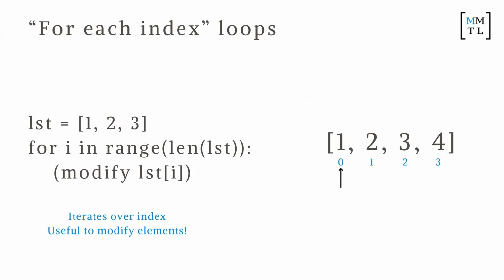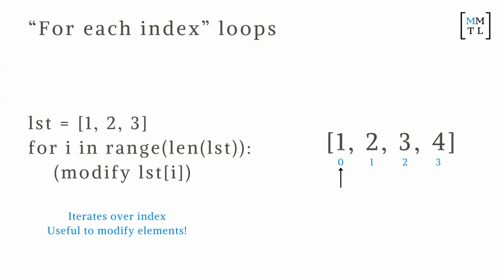Okay. So for example, say we have list equals 1, 2, 3 here. One way to do a for loop over a list is what's called a for each index loop, meaning that you actually define the index in the for loop like this. So for example, for i in range, you have to define the length of the list. Say in this case, the length of the list is 3.